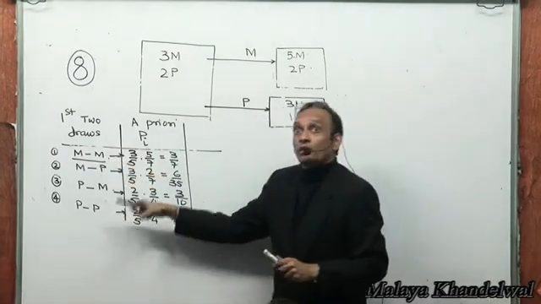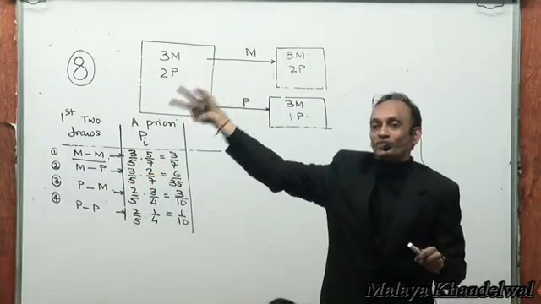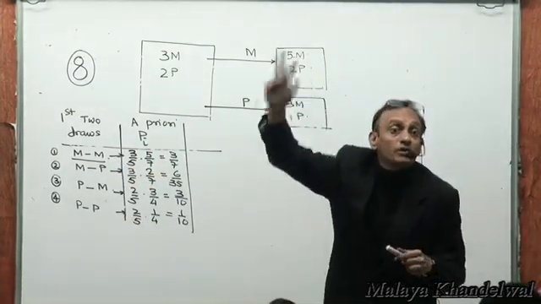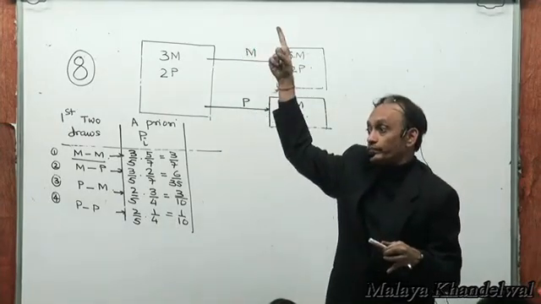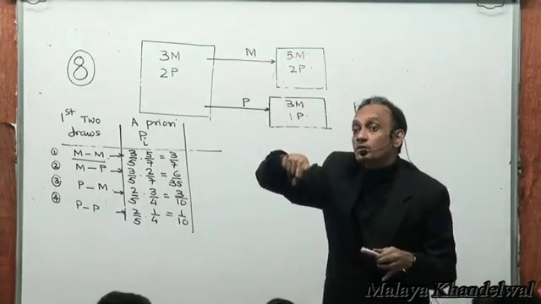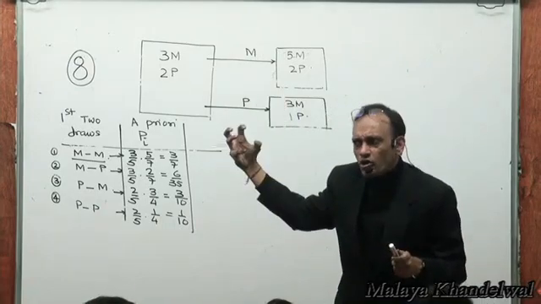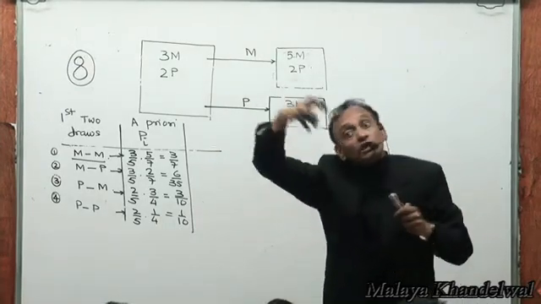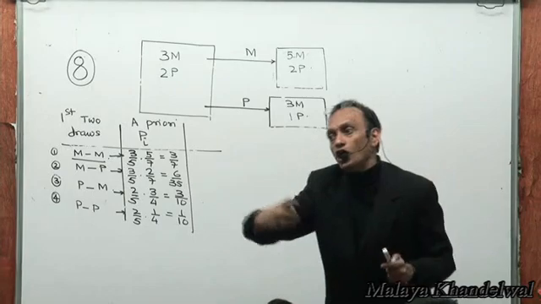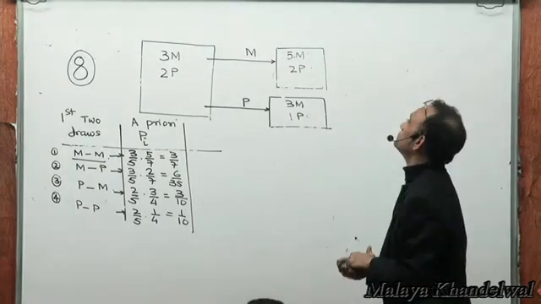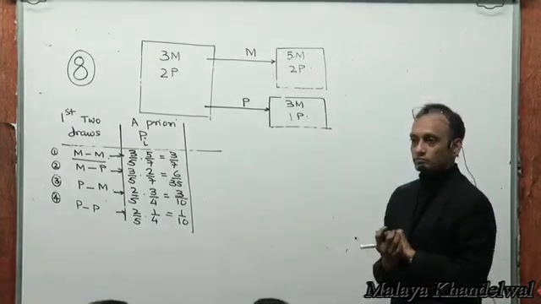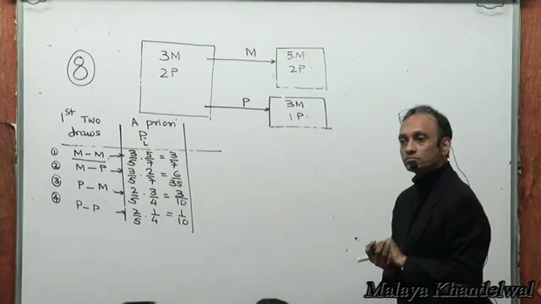Each one of them could be a possible cause for the third draw. In the third draw, a maths book is drawn. Yes or no? Right?